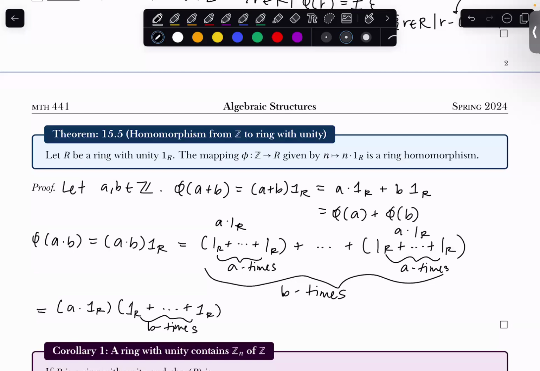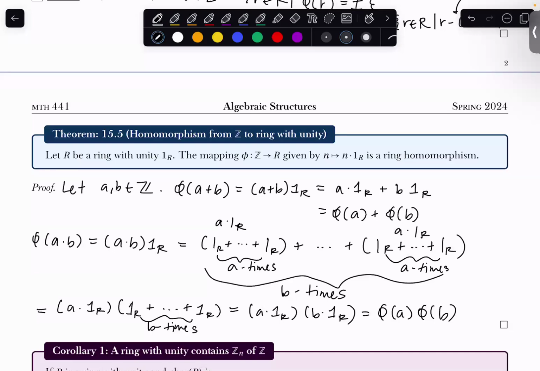So for everyone that shows up, I can pull out an a times 1, and I have a 1 left over. But then this is just a fancy way of saying add 1 to itself b times, so b times 1 here. Okay, and this is exactly giving us back phi of a times phi of b.